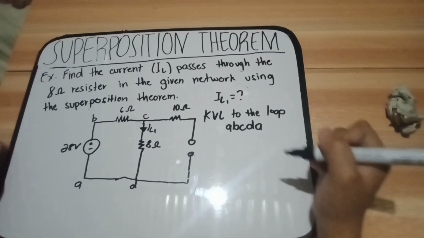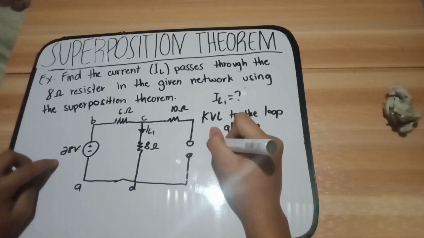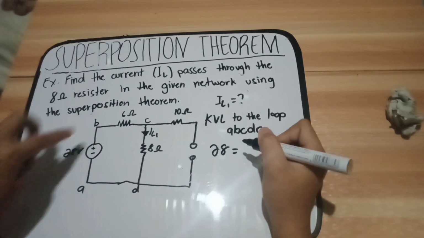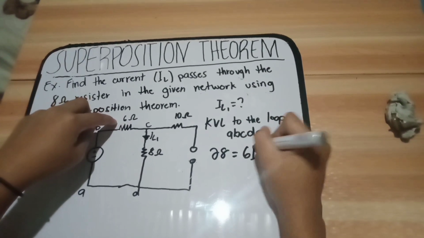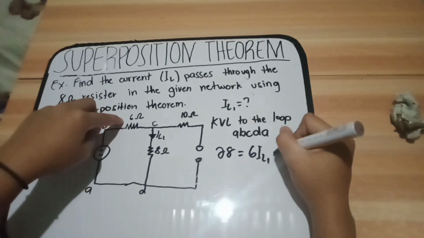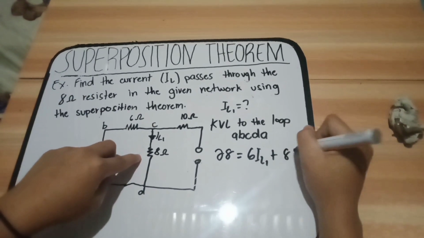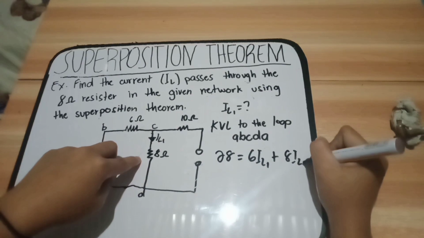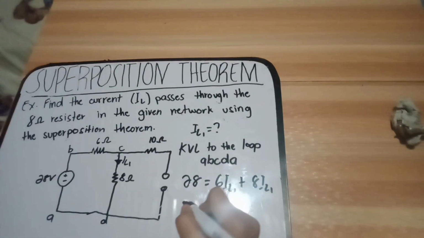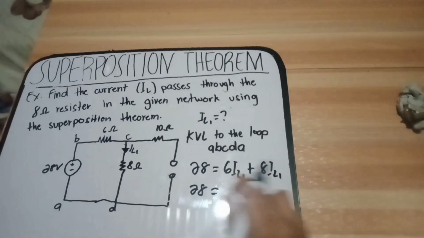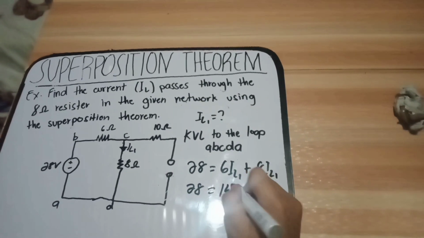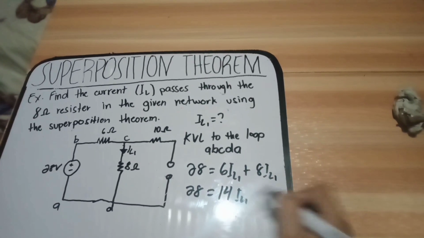So, let's start. 28 is equal to 6 IL1 plus 8 IL1. So, 28 is equal to 6 plus 8, which is 14 IL1.